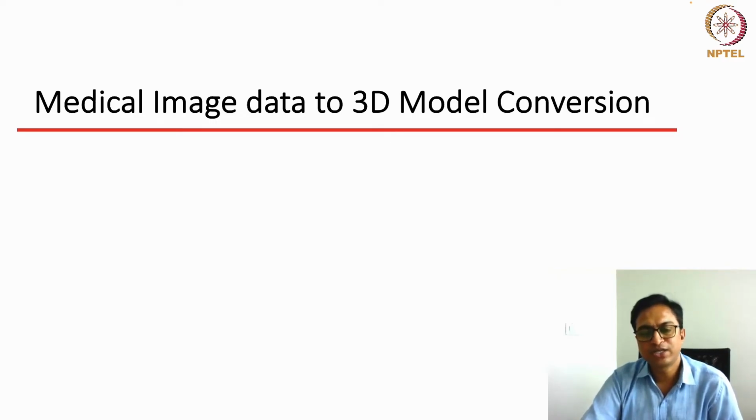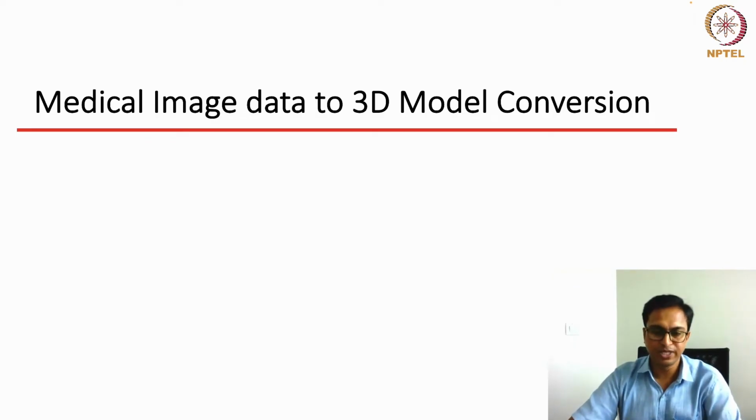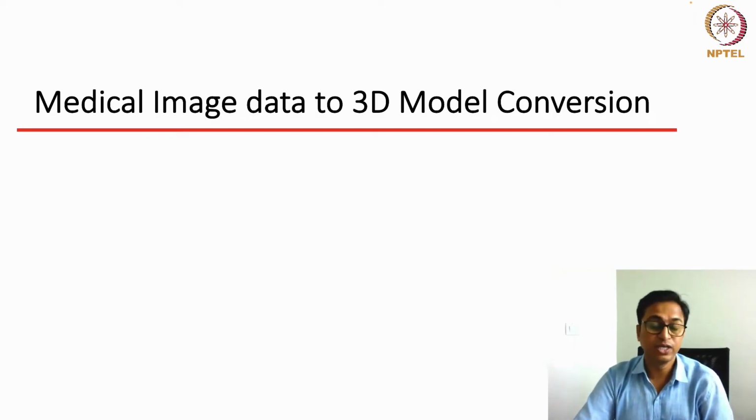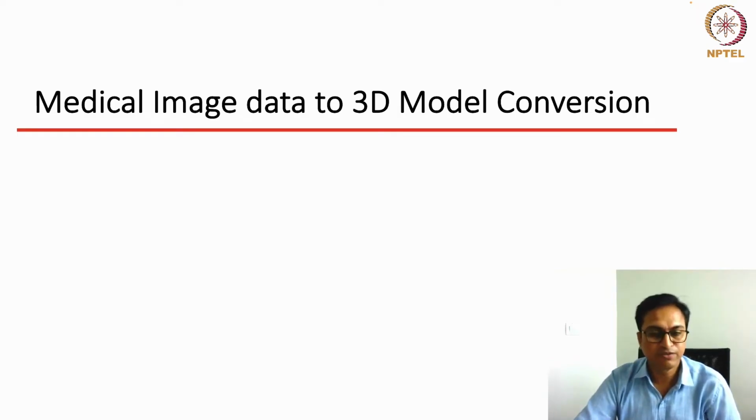When we print any tissue or organ structure, we need an STL file, and that STL file can be generated in different ways. In this lecture, we'll discuss how the STL file can be generated and used for bioprinting.